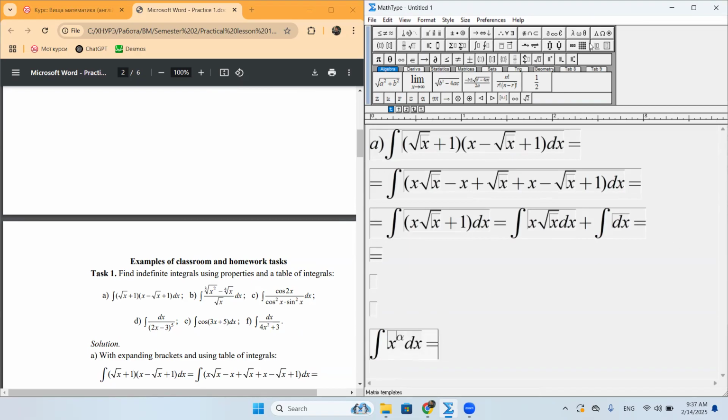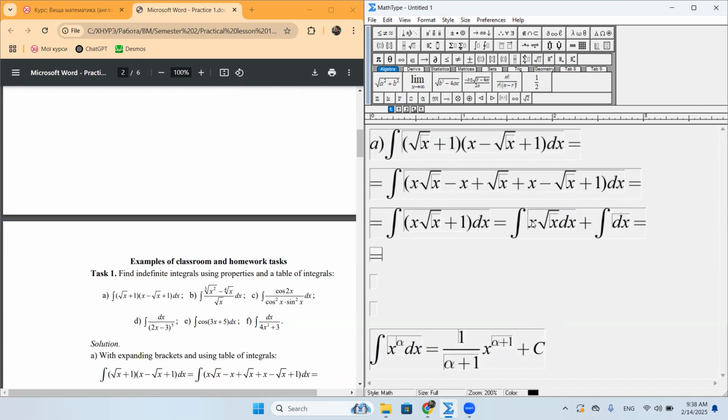So 1 divided by alpha plus 1, x in power of alpha plus 1, and of course plus constant. Actually, yeah, you must have a table of integrals either in lectures or somewhere else, so you can look at it anytime.